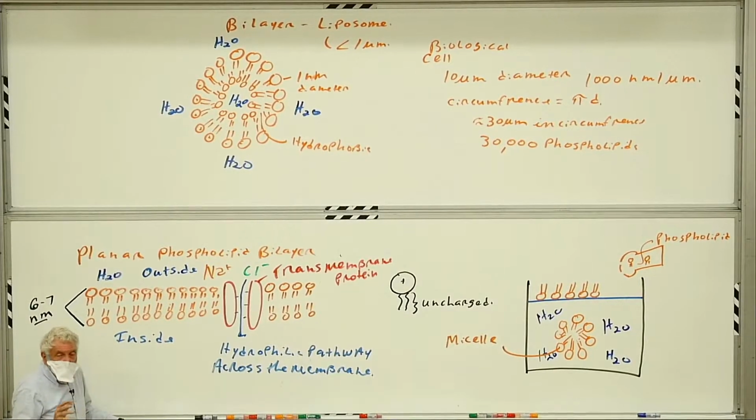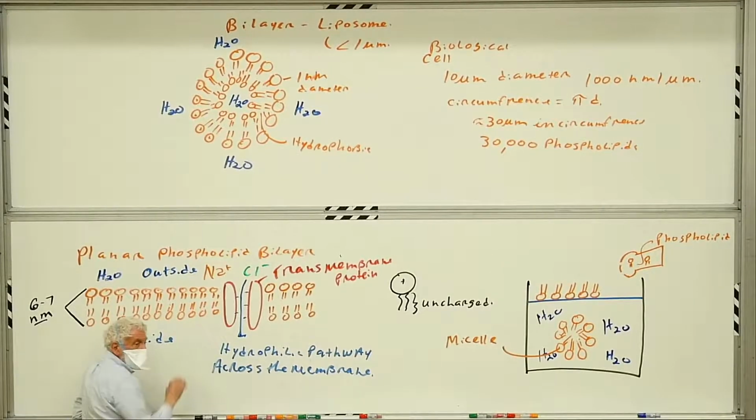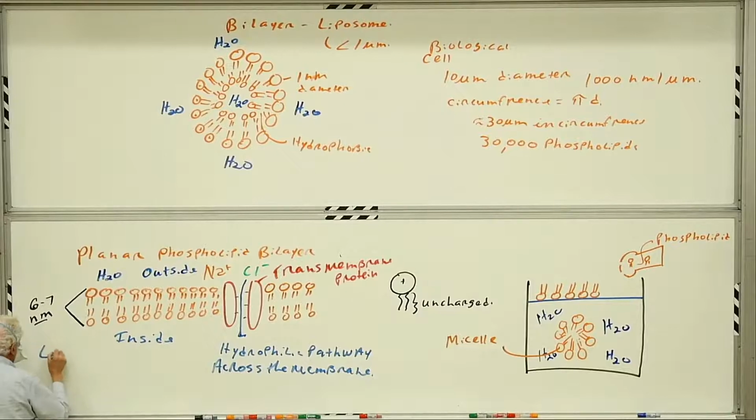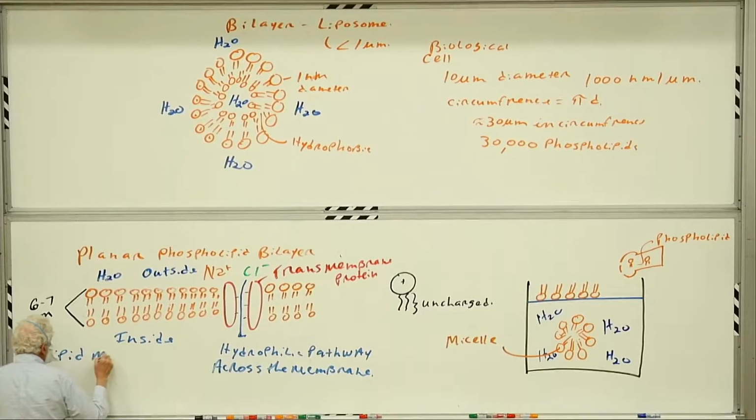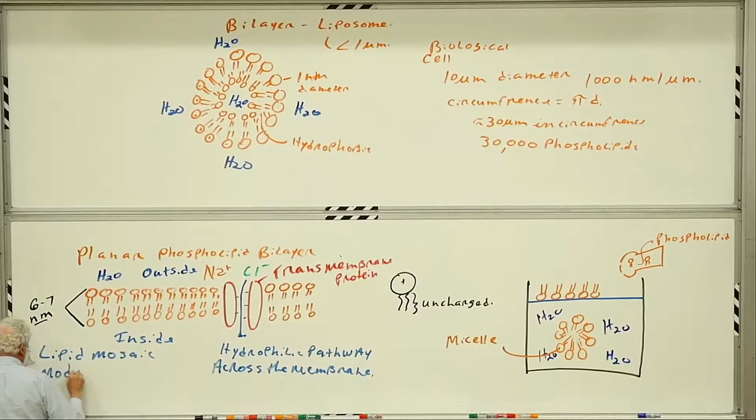In biology, we generate biological membranes by producing the phospholipid bilayer and then punctuating the phospholipid bilayer with the proteins. And that gives rise to a concept called the lipid mosaic model of the membrane.